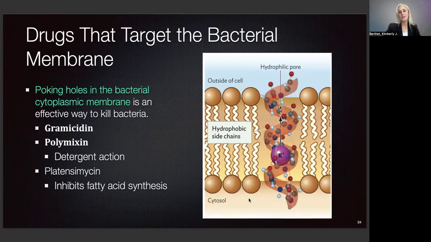Okay. Let's go ahead and look at different types of drugs here. We have polymyxins. Polymyxins can alter the cell membrane integrity. Here we see our phospholipid bilayer, our heads that are hydrophilic, our tails that are hydrophobic, making them amphipathic, both hydrophilic and hydrophobic at the same time.